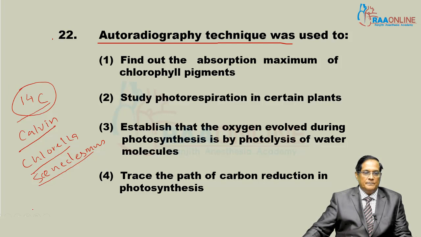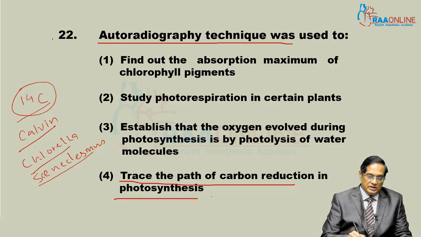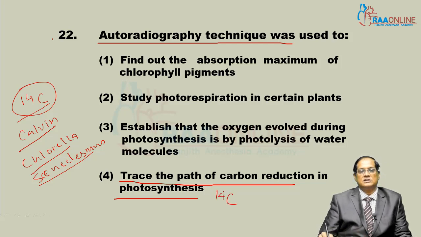So the answer is: trace the path of carbon reduction in the photosynthesis process, using the isotope of carbon, that is 14C or C14.